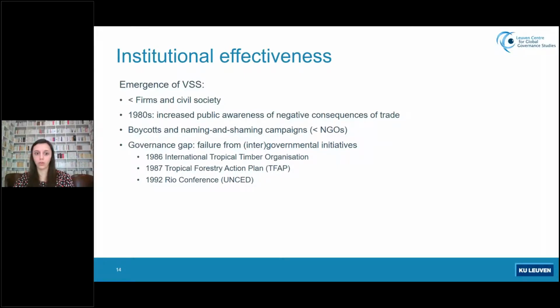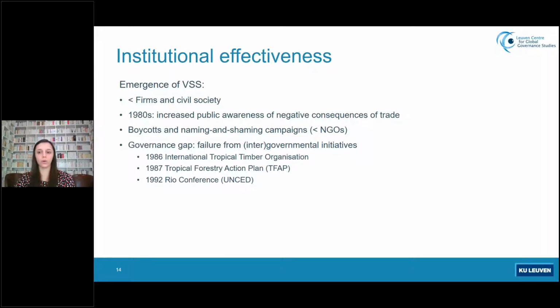As a consequence, because there were still calls from the public to regulate those industries, NGOs and firms got together and decided to create their own regulations. In the forestry industry, this led to the establishment in 1993 of the Forest Stewardship Council, the FSC, as one of you mentioned in the poll.